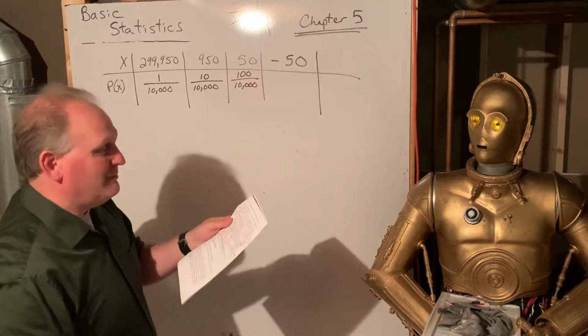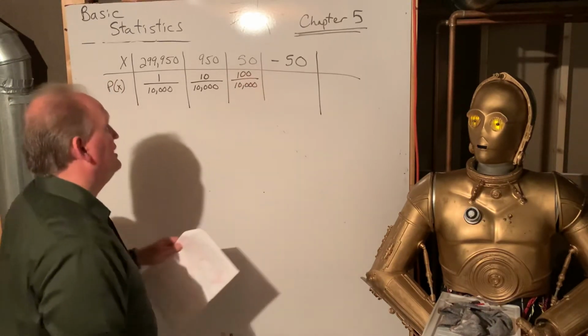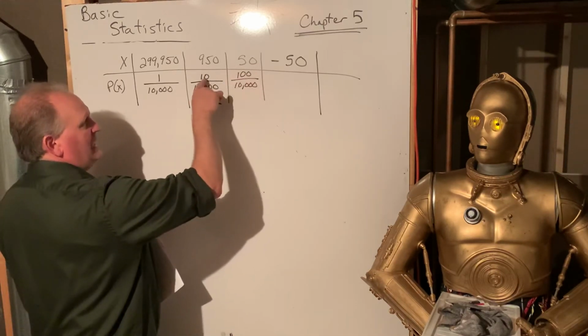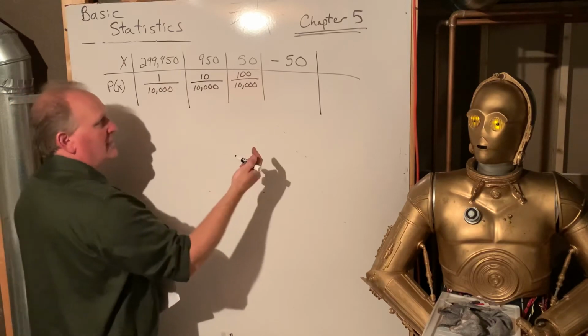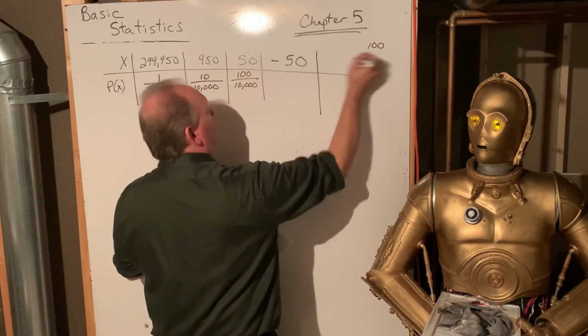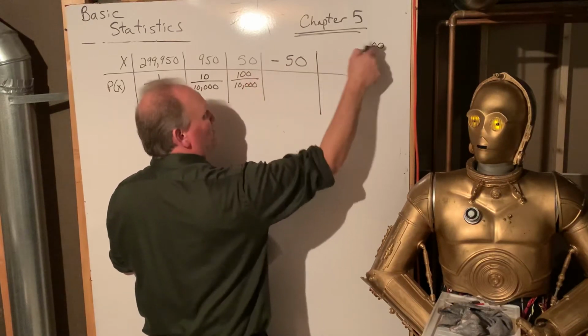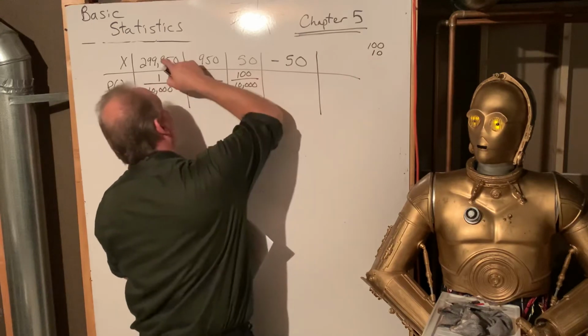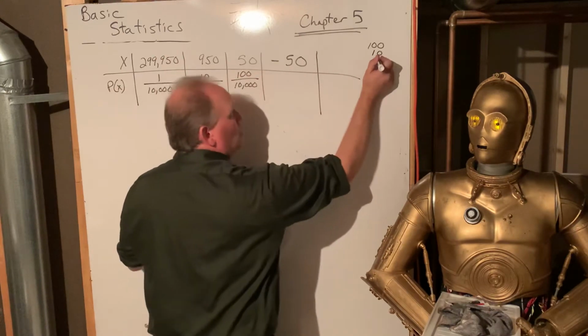And then this is the most likely scenario. Look, how many ways can we win this game? There's 100 plus 10 plus 1, 111 ways to win, right? They're paying out $100 100 times. They're paying out $1,000 10 times. And they're paying out $300,000 once.